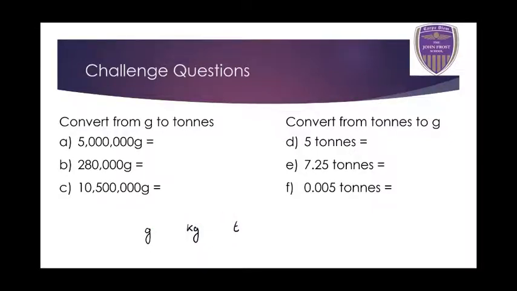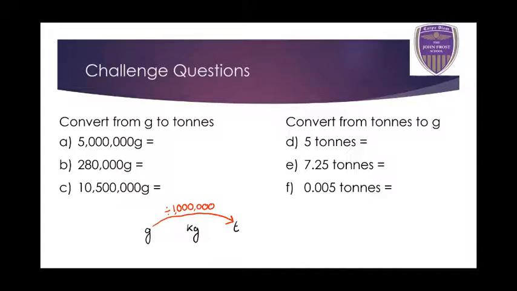You could divide your number of grams by 1,000,000, and you only have to do one step then. So rather than dividing by 1,000 twice, if you divide it by 1,000,000, you can do it all in one go, okay?